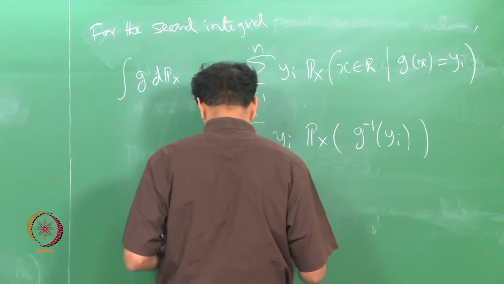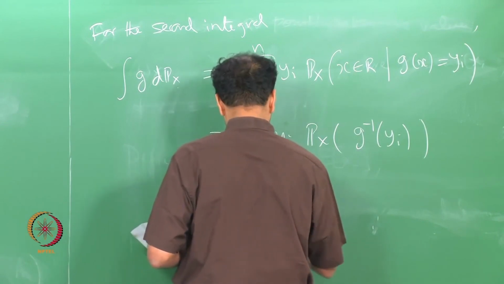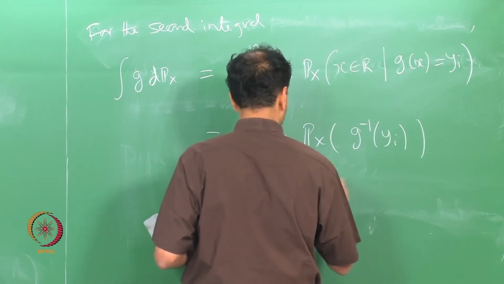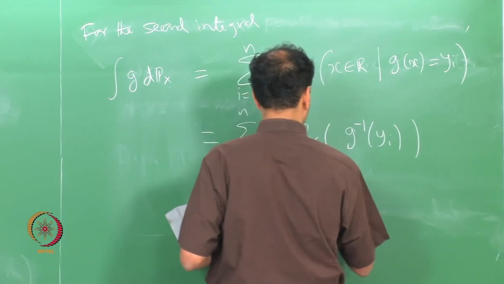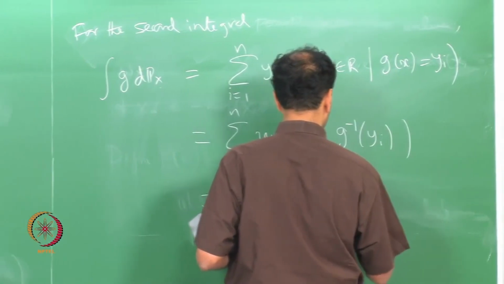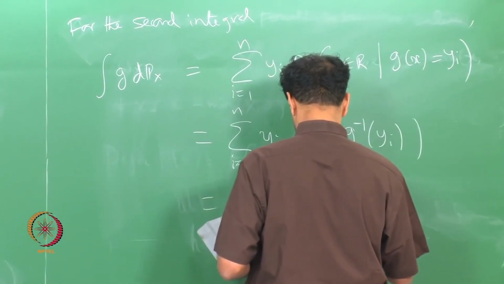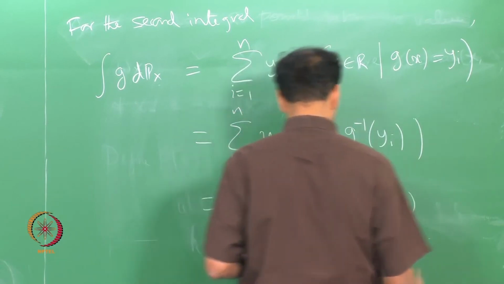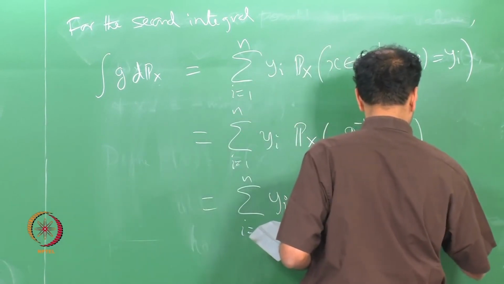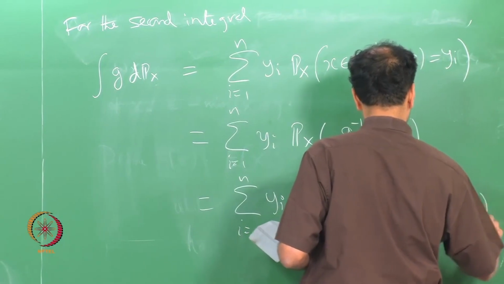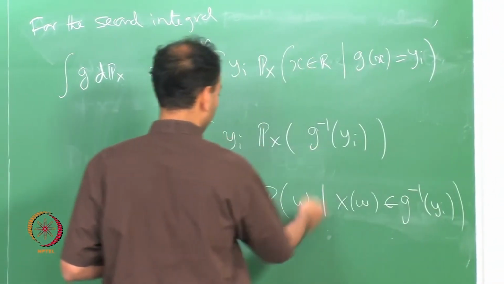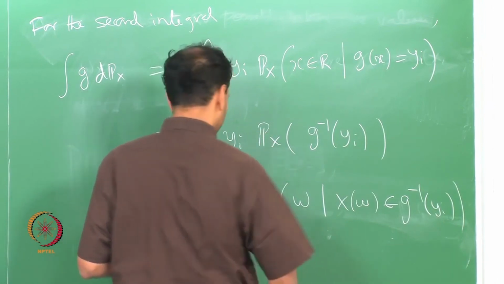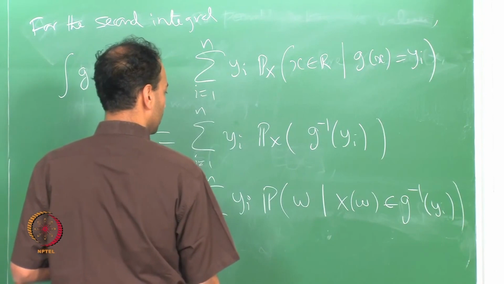And this is nothing but the sum over i equals 1 through n of y_i times the probability of omega for which x of omega is in g inverse of y_i. I am again writing it out, going from measure P_x to measure P. Now, am I done?